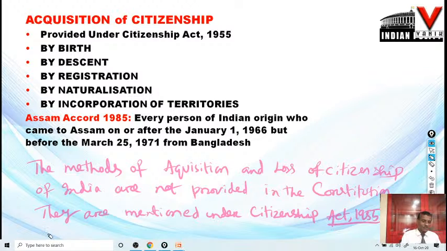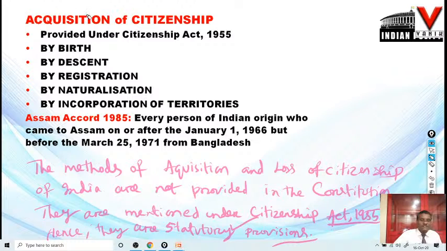Hence they are statutory provisions. Okay, so it is a statutory provision under this Act, and the Citizenship Act was last amended in 2019, and it was first amended in 1957. Under this there are types: one is by birth, by descent, by registration, and by naturalization.